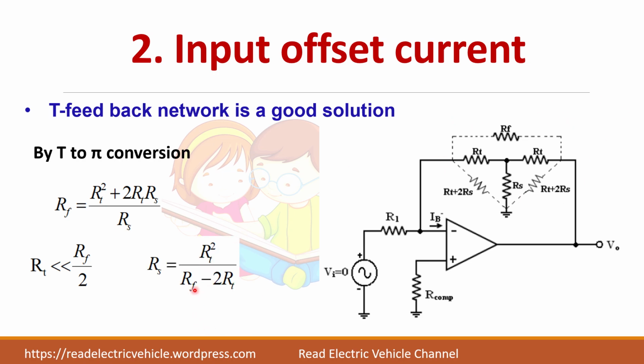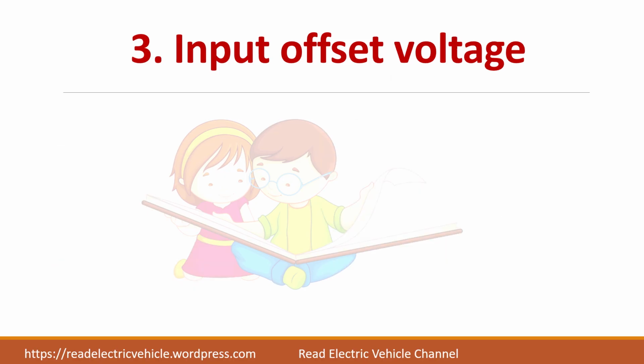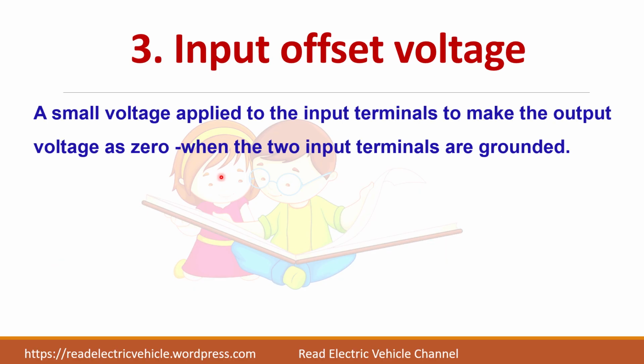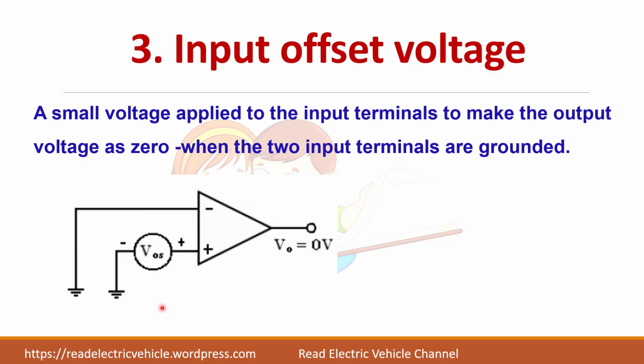By this way we are able to reduce the voltage due to the offset current. Next we have the input offset voltage. Input offset voltage is nothing but when both the input terminals are 0, output should be 0, but output may not be 0.